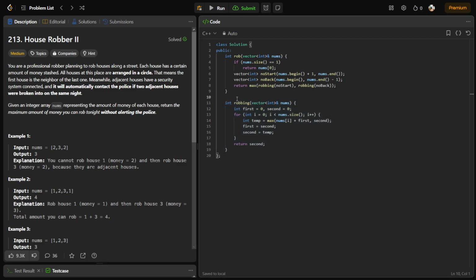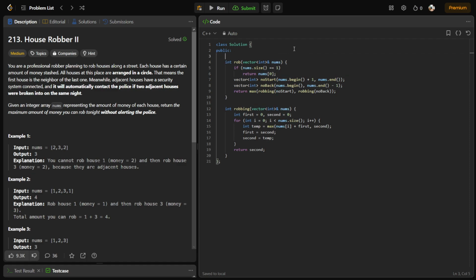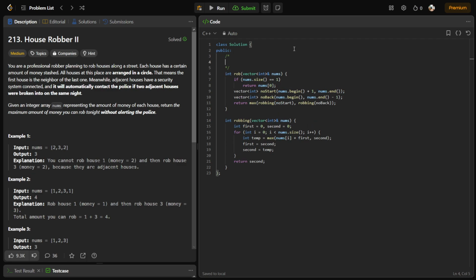And to compensate for that, here in this initial function, I have an edge case check. So if there's only one house, obviously we can only rob that house. Otherwise, we construct a new vector, this time without the start, right? So what I'm doing here is constructing a new vector without the start house.